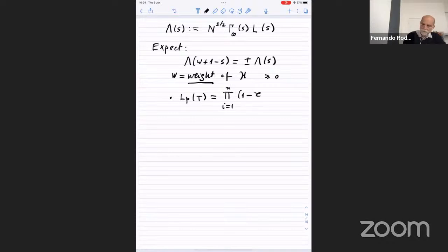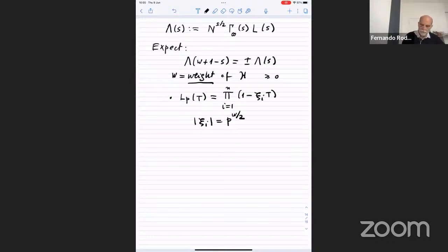The inverse roots of this polynomial have absolute value p to the w over 2. And when we talk about the L function coming from a smooth projective variety, this is part of the Weil conjectures that Deligne proved, and this would be the analog of the Riemann hypothesis for things over a finite field.